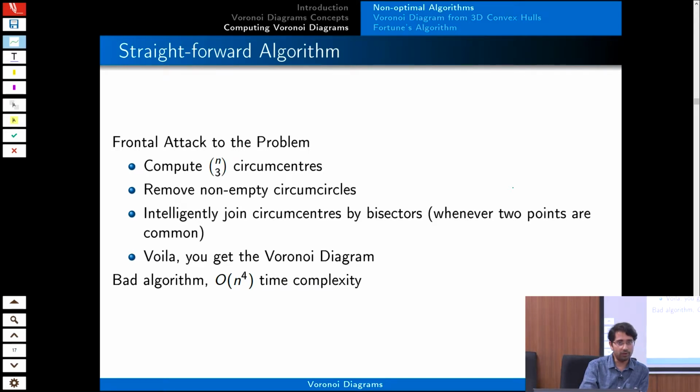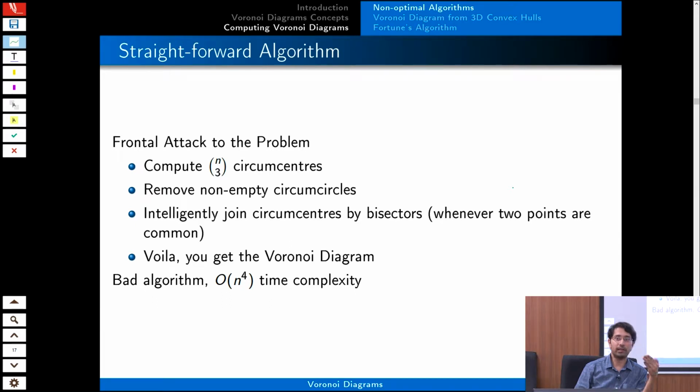But n to the power 4 time seems quite large, right? Is it possible to improve this bound? Because we remember the last class, we have seen that you may have to end up reporting n square points.